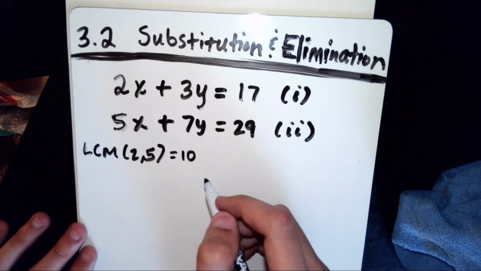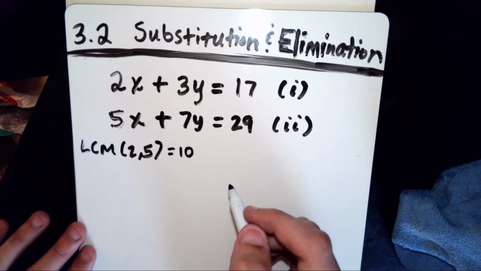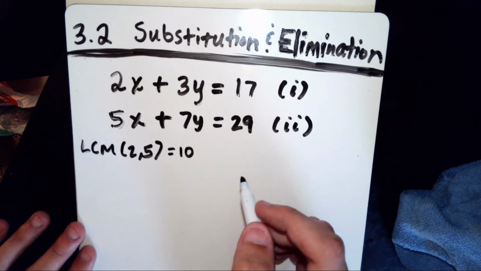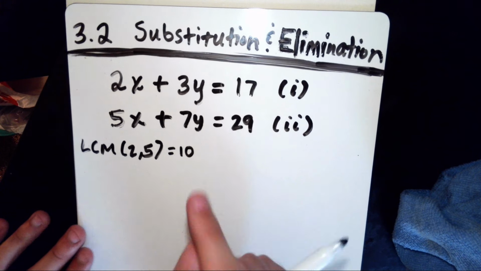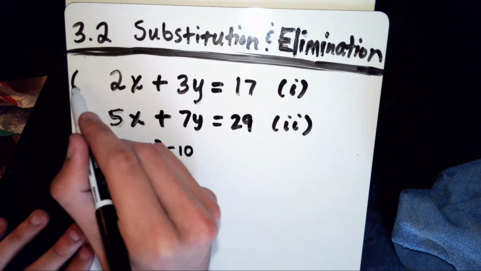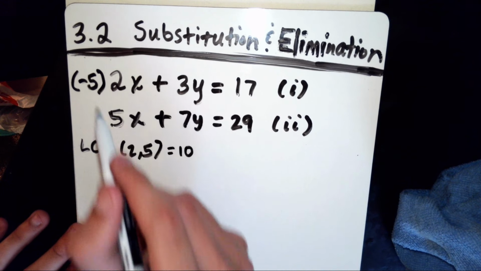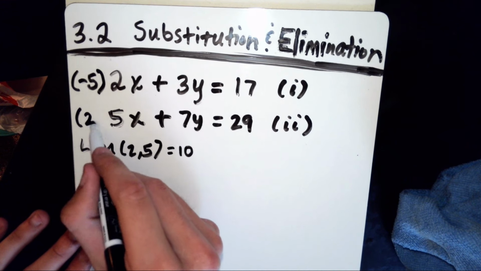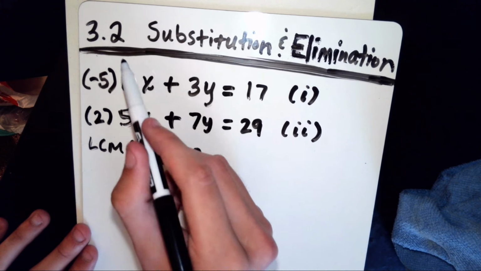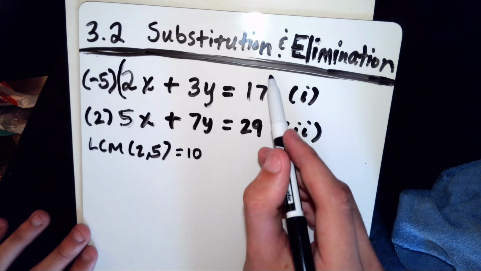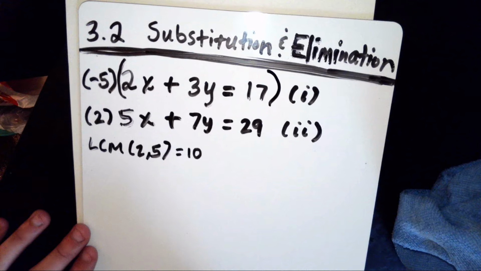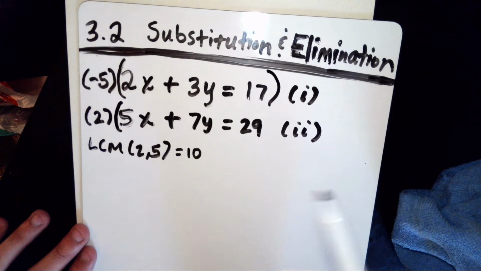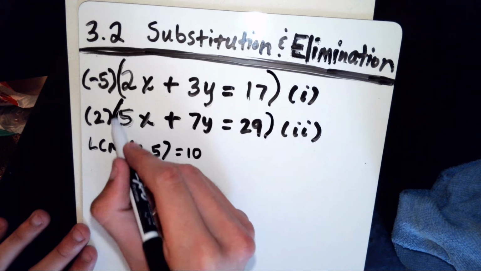So our LCM is 10. So we need to multiply 2 by, say, negative 5, and multiply 5 by 2. We're going to take equation 1, the whole thing, and multiply it by negative 5, and equation 2, the whole thing, and multiply it by 2.